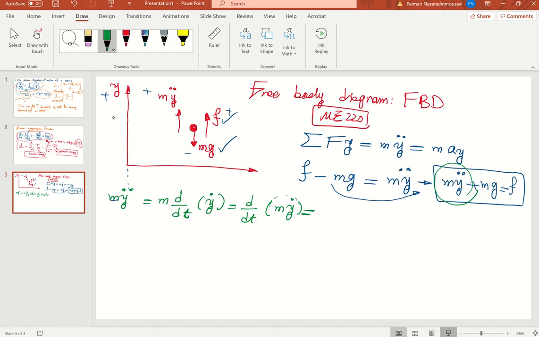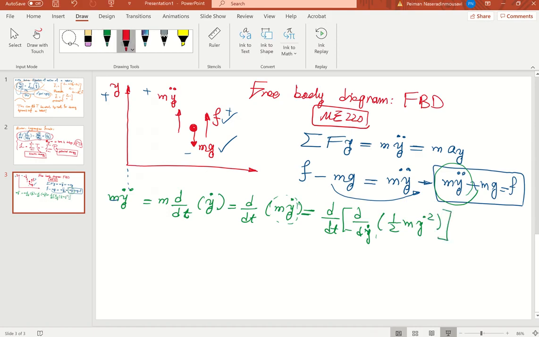Now you can write this as d over dt of d over d y dot, where the differentiation variable is the velocity, of 1 over 2 m y dot square. Am I right?